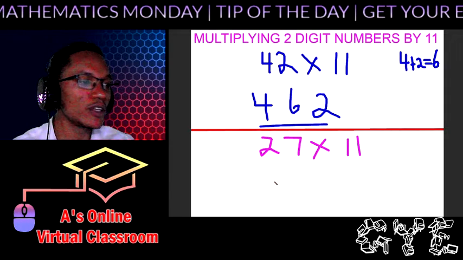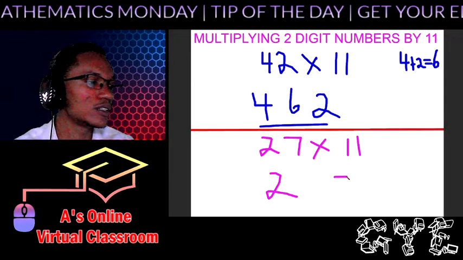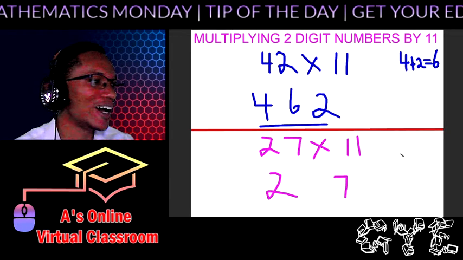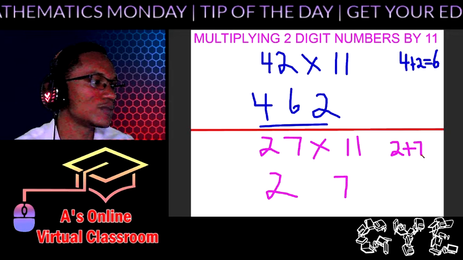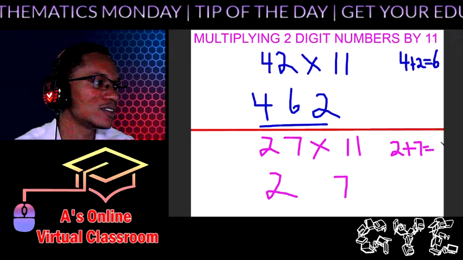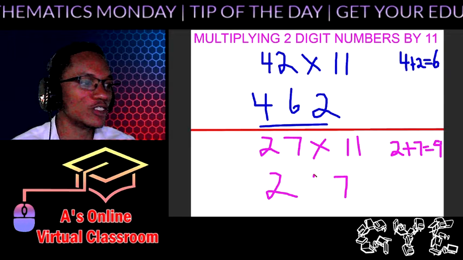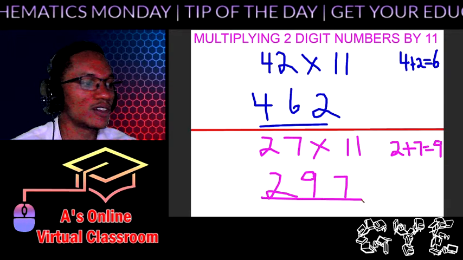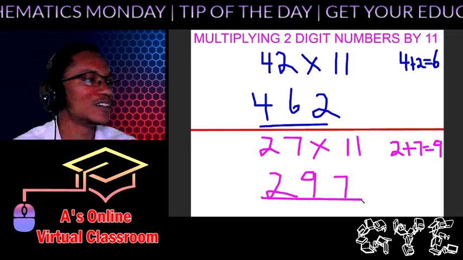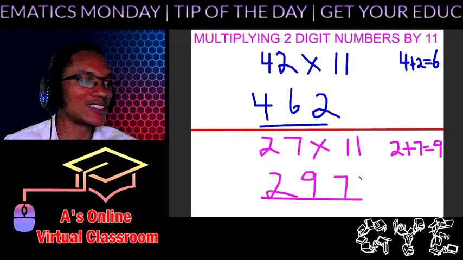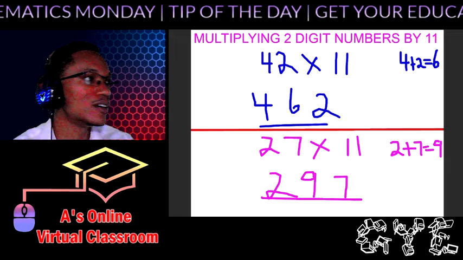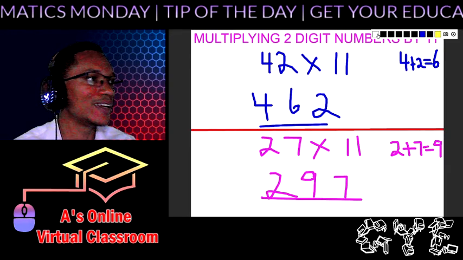We separate the numbers 2 and 7, and then we add 2 plus 7. That equals 9. You just put the 9 in the middle here. 297. So this works for any two-digit number, even for the ones like this.